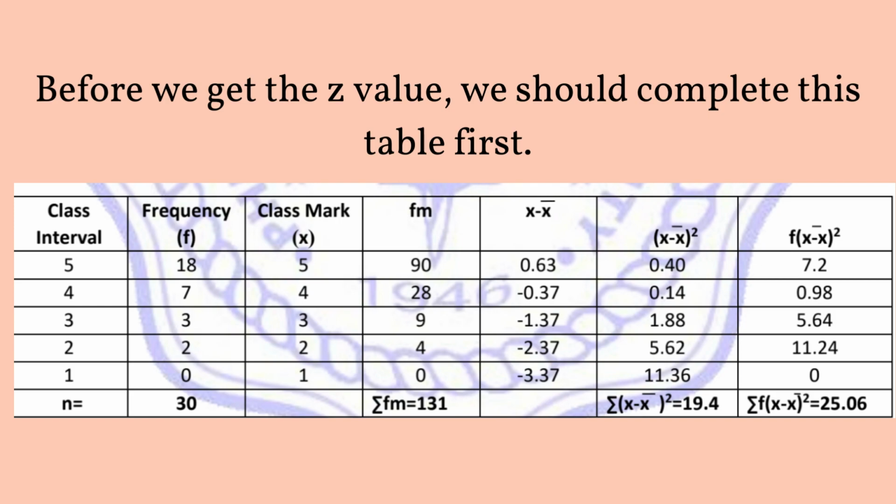The first one is class interval, frequency, class mark, frequency times class mark, class mark minus sample mean, and then yung squared value na, and then yung last part, which is frequency multiplied by our squared value of class mark minus sample mean. Okay, so medyo magguguluhan pa tayo, pero tingnan natin kung paano ba natin isosolve to isa-isa or paano ba natin makukumpleto itong ating table na to.